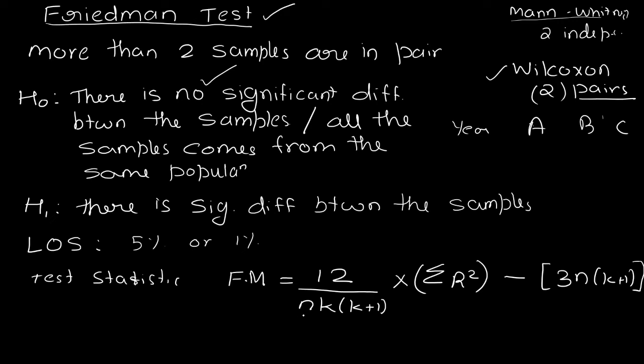Here n is the number of observations, or n equals the sample size, and k is the number of types of samples.